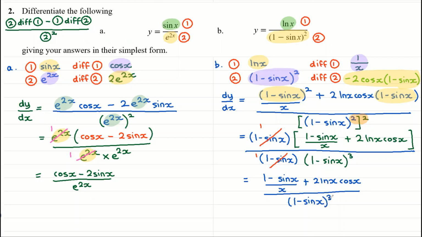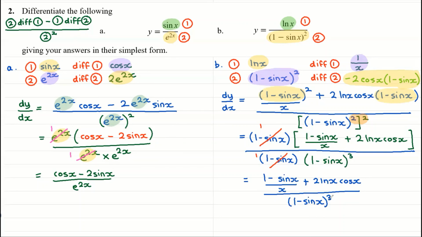Okay, there's nothing wrong with that, except it's ugly having a fraction within a fraction. And you've also got to bear in mind, if you're doing a derivative, you might have to show that it's written in a particular way. So your algebraic manipulation needs to be really strong here.